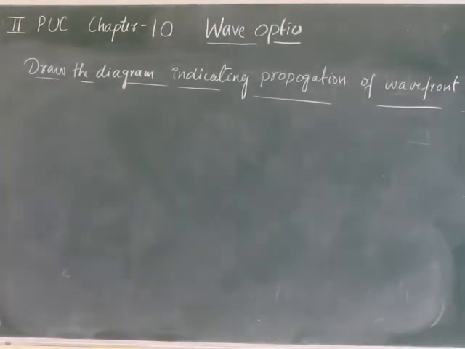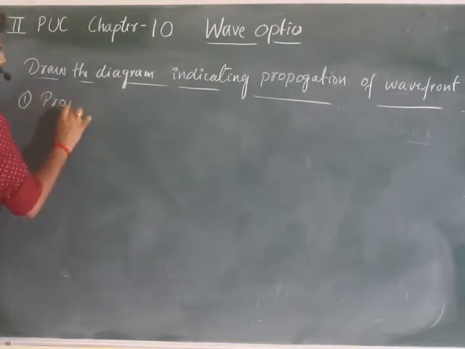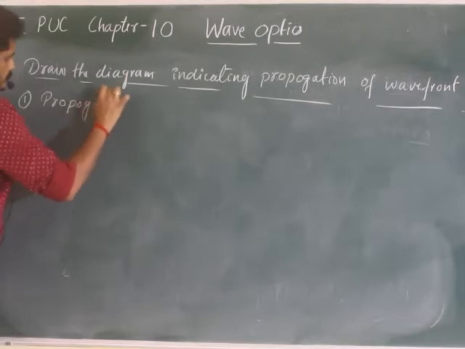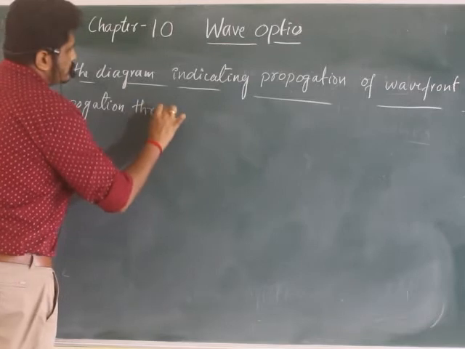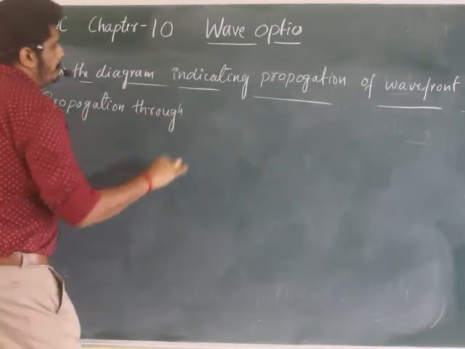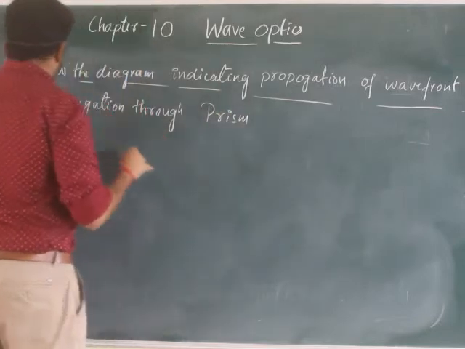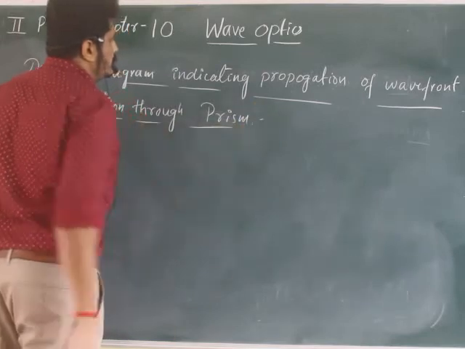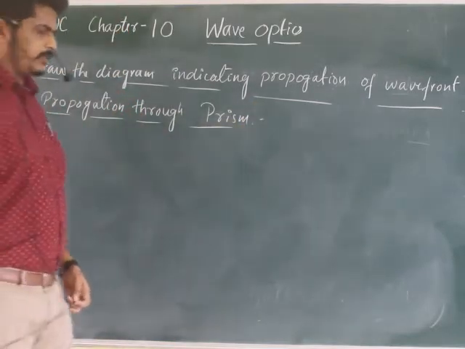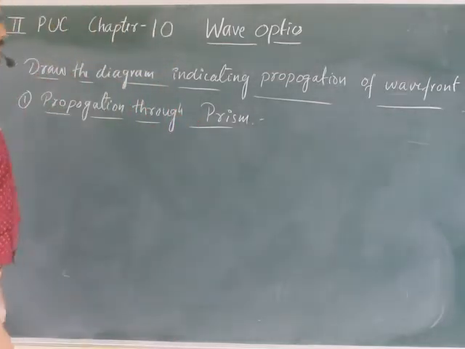So first I take the first optical medium, that is propagation through prism. In the earlier chapter we discussed prism and light rays, just by considering rays of light. Here also rays of light, but along with that we will be representing the plane wavefront. So let us see what happens.